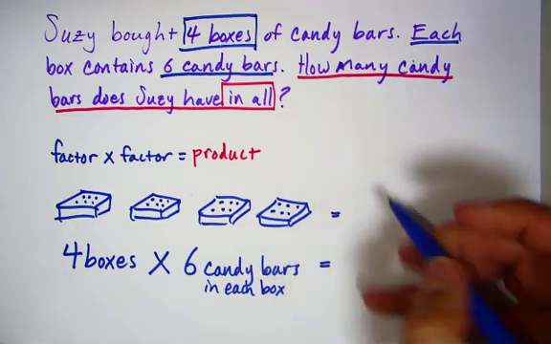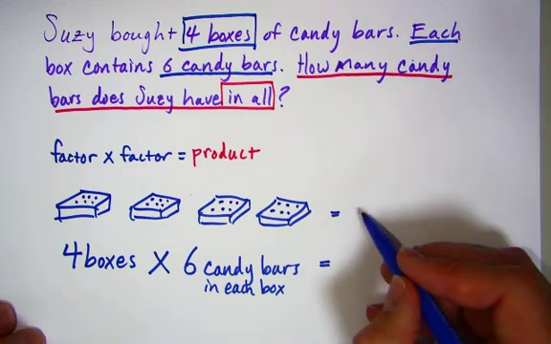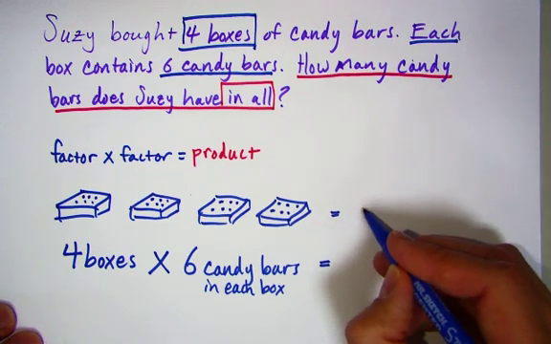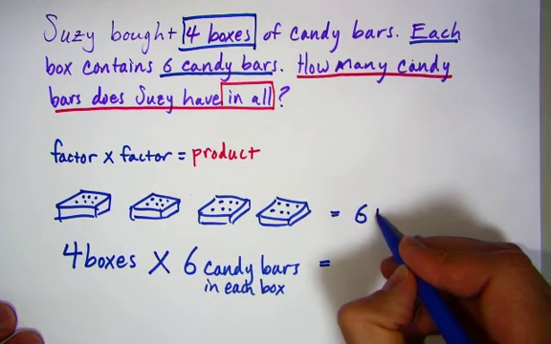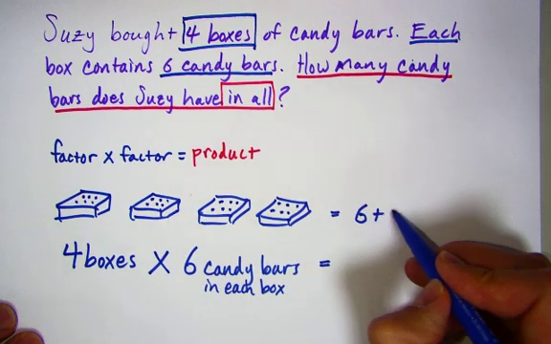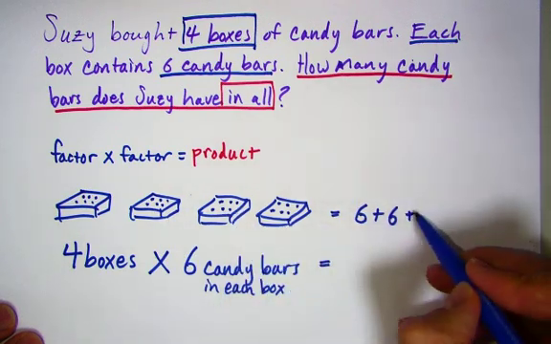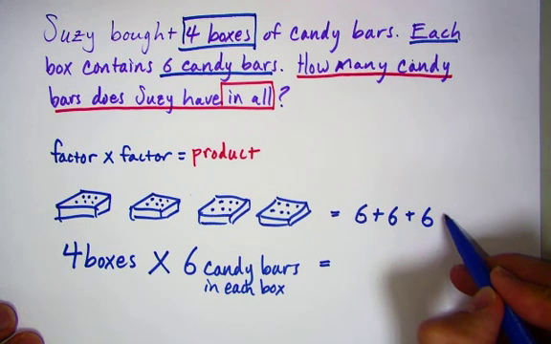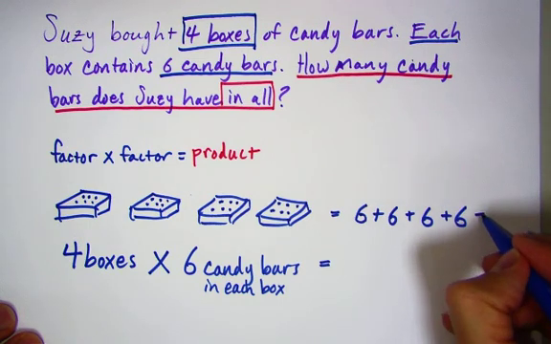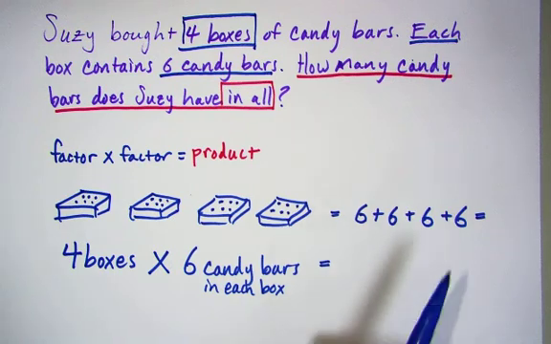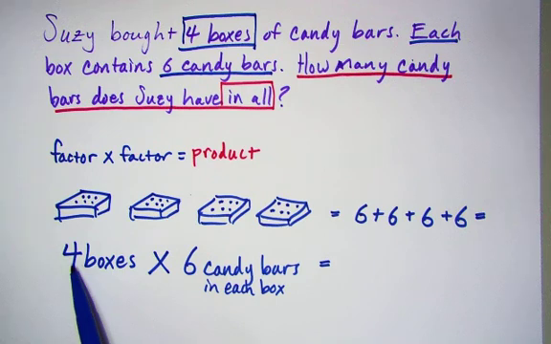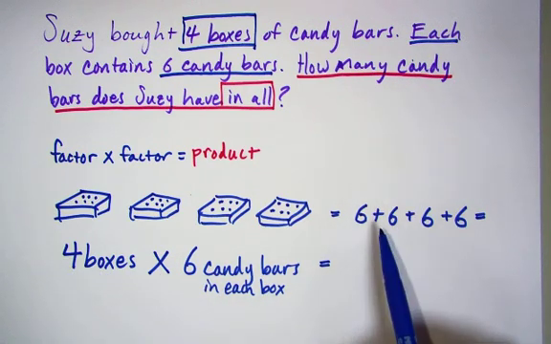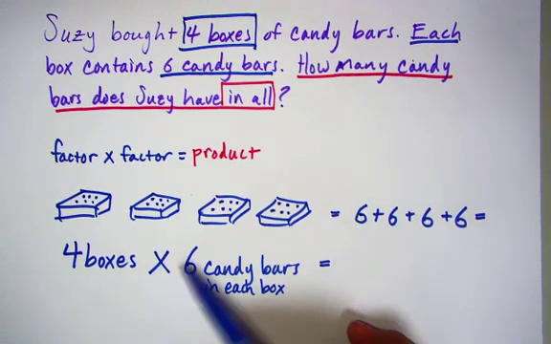So let me write it right here, my addition sentence. And that is 6, for representing this box right here, plus 6 more candy bars, plus 6 more candy bars, plus 6 more candy bars. Now, this essentially is multiplication because it says 4 boxes of 6 candy bars in each box. Isn't this the same as this?